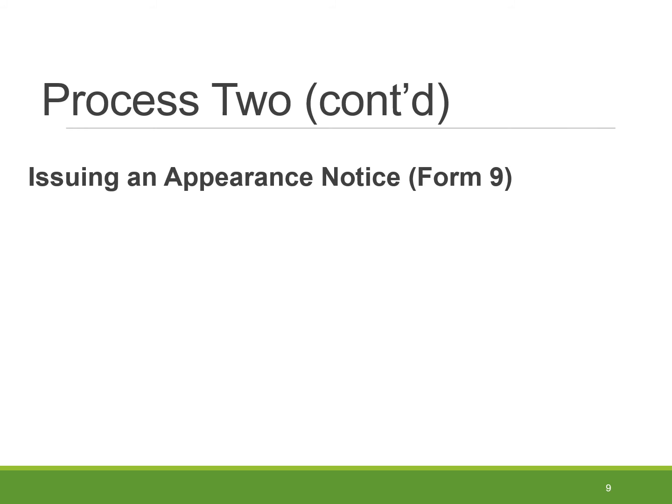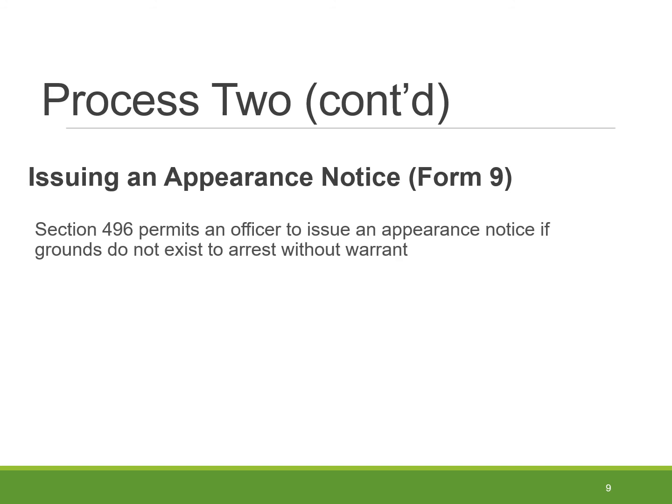So an appearance notice is issued by a peace officer to a person not yet charged with an offense, because remember, the charging happens by the justice of the peace. So that is what the Form 9 is. And you can take a look, there's a little bit more detailed wording on that. So that's page 417 of your textbook.